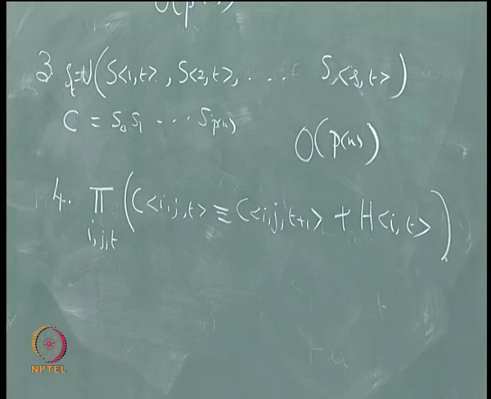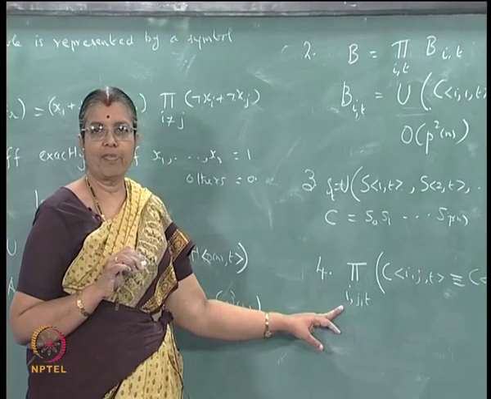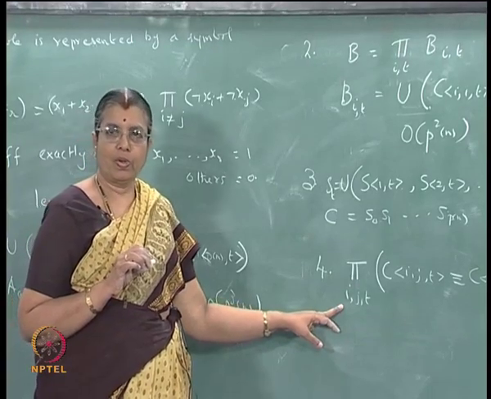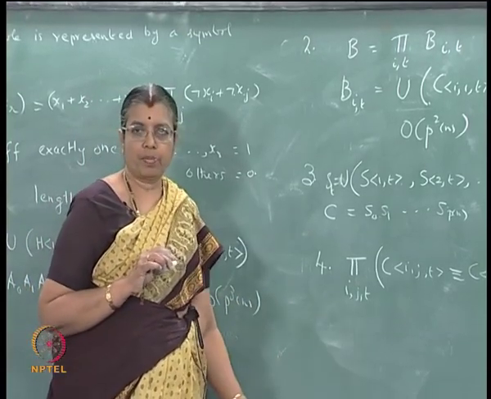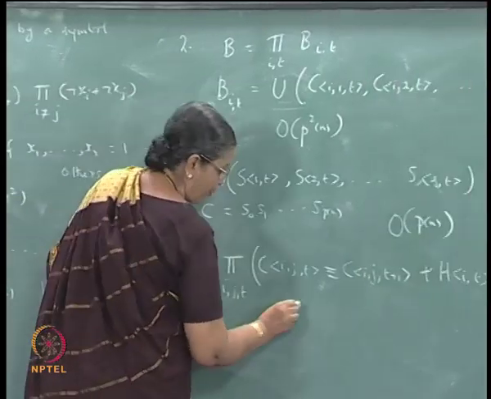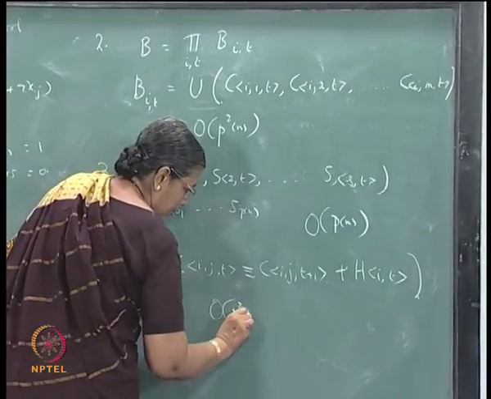Again j will be 1 to m, i will vary from 1 to Pn, t from 0 to Pn. This expression will also be of length p squared.